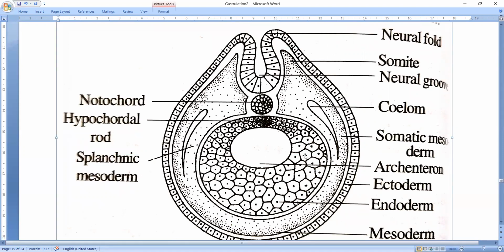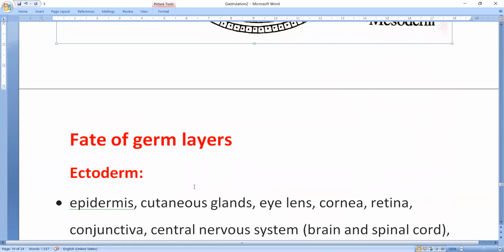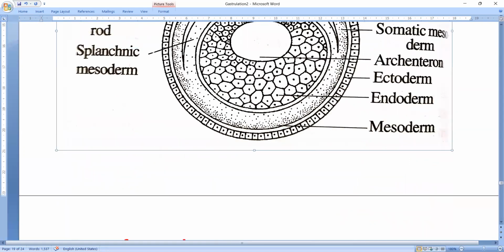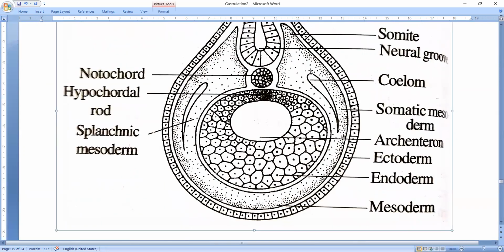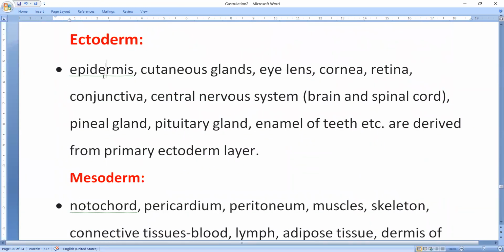From these 3 germinal layers, organogenesis occurs. So what does the ectoderm produce?